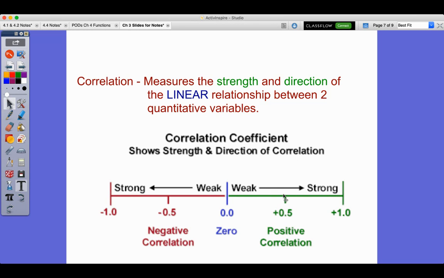I like to think about it as A, B, C, D, and failing, okay? An A, a B, a C, and a D are kind of like the rating. So a 90 is an A, an 80 is a B, a 70 is a C. And as you get weaker, you get closer to 0.